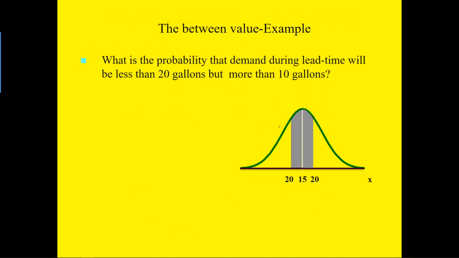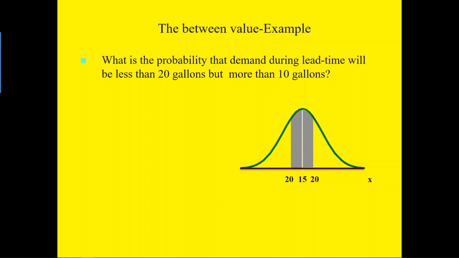So another difficult situation is like here. We try to get the probability that the demand during that time will be less than 20 but more than 10. So basically we try to get the probability of x larger than 10 and smaller than 20, okay? On Excel, like I said, we can only calculate x smaller than the value, but now we have x larger than 10 but smaller than 20.